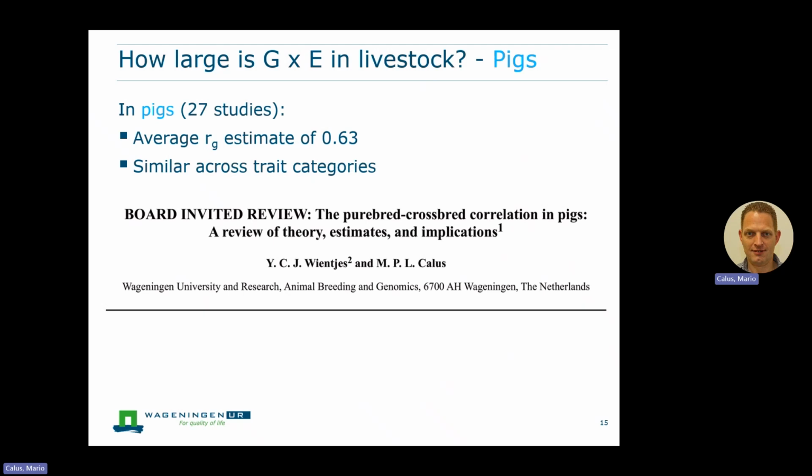Then in our group, we did 2 reviews, one in pigs, for genetic correlations between different environments, and both for pigs and poultry, the typical contrast to look at is, on the one hand, the environment that purebreds in a breeding program experience. The breeding stock is very valuable for breeding companies, so they are kept in high biosecurity systems where they're very much supported.